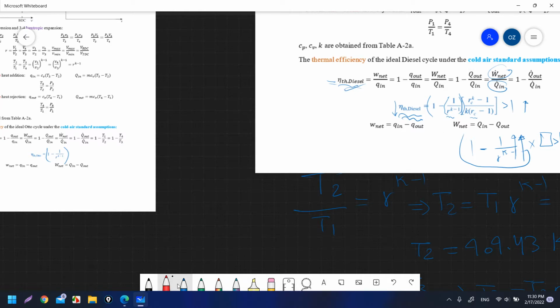As you can see here, only the 1 over R to the power k minus 1 is multiplied by this bracket. Do not put a bracket like this and multiply both of them, because it will be a different number. Only this bracket is multiplied by 1 over k minus 1.